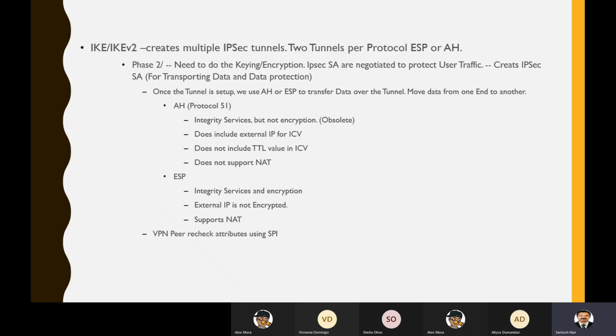Mainly for VPN, nowadays we don't use AH anywhere. It is obsolete. We are using only ESP. Before going into details on that, did you understand the basics? What is phase 2 in IPsec tunnel? Yes. Okay.